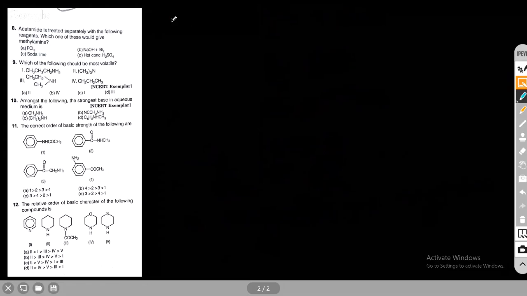If I write the reaction, CH3CONH2 in presence of NaOH and Br2 gives CH3NH2, methylamine. So one carbon will be less over here. So the answer will be option B.